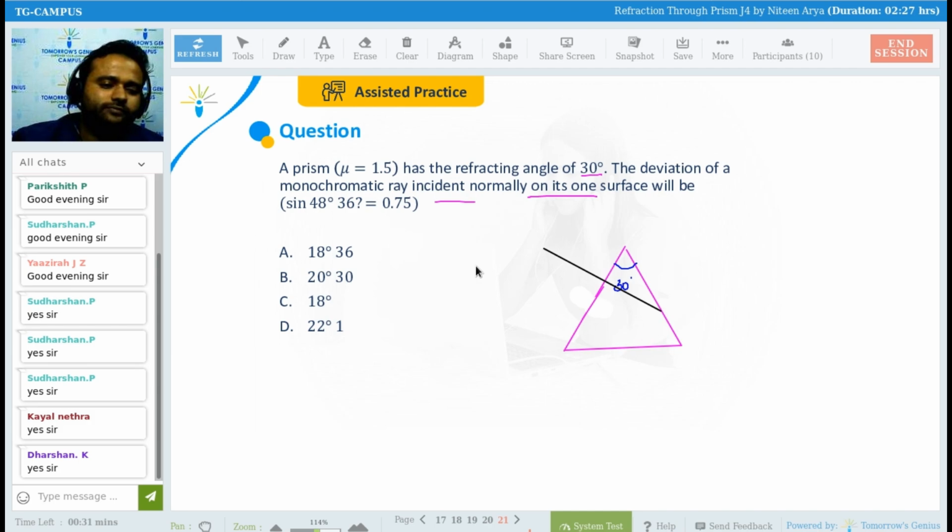Now you need to find the solution. Option A is correct. Did everyone get option A?